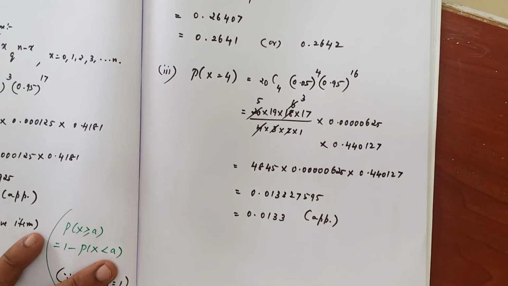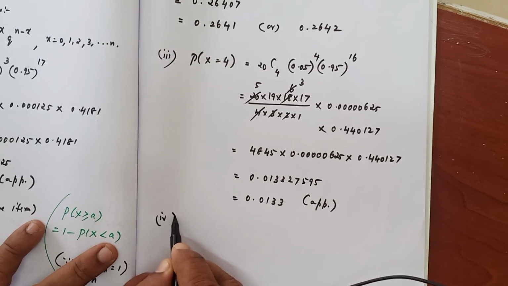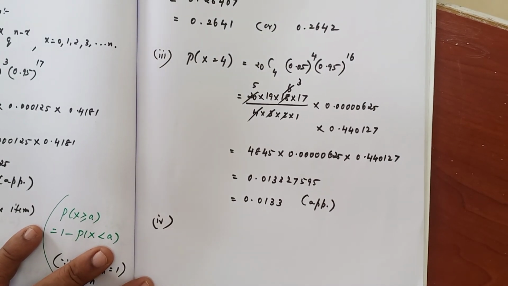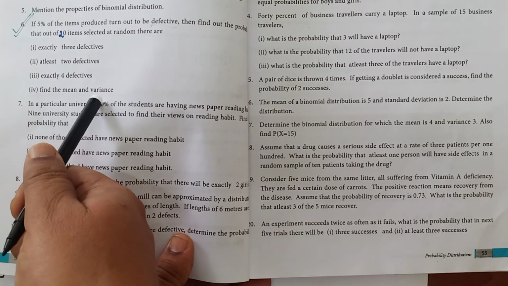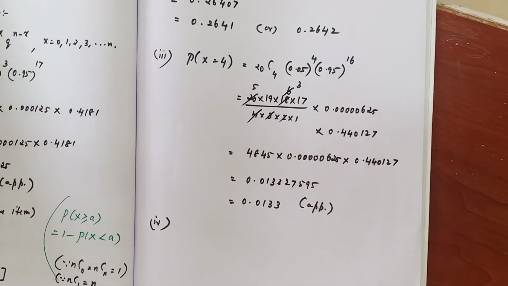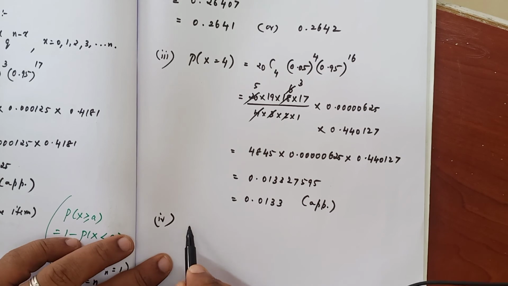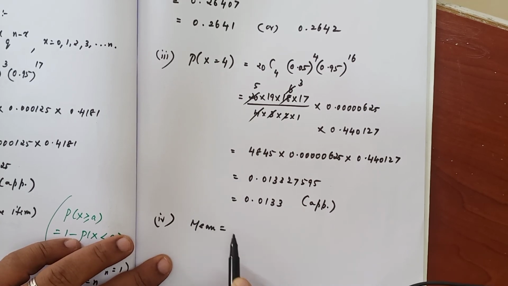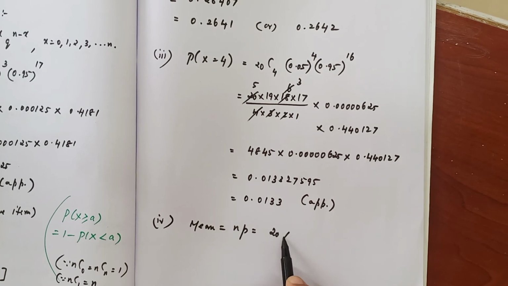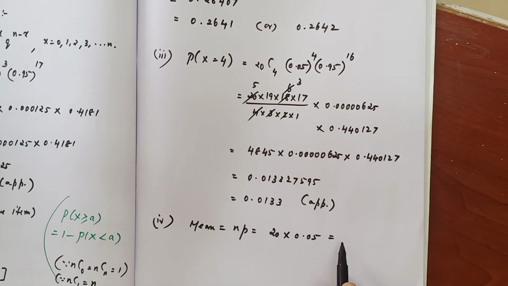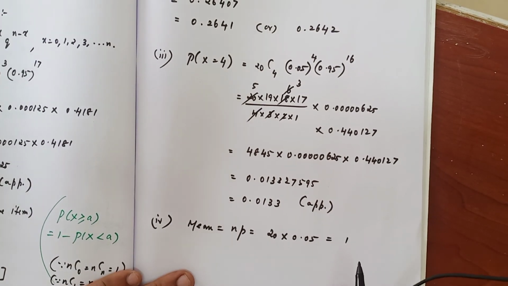Now the last subdivision, that is subdivision number 4, is find the mean and variance. Mean is equal to formula np, n that is equal to 20, p that is equal to 0.05. 20 into 0.05, that is equal to 1.